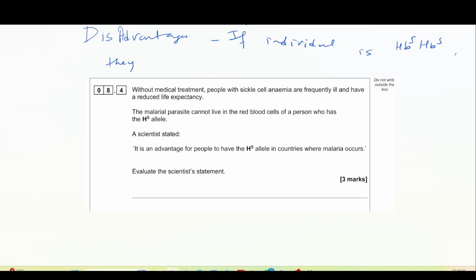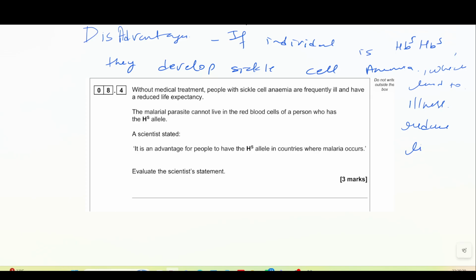They develop sickle cell anemia without medical treatment, which leads to illness and reduced life expectancy.